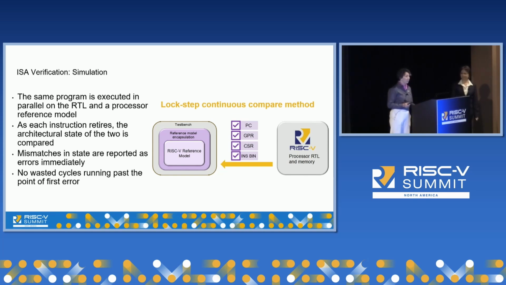The benefits of this approach include finding errors faster. There's no need to run the full program to completion, only to find that a mismatch occurred after only a handful of instructions. It's also easier to debug when your simulation can automatically stop at the point of first error.